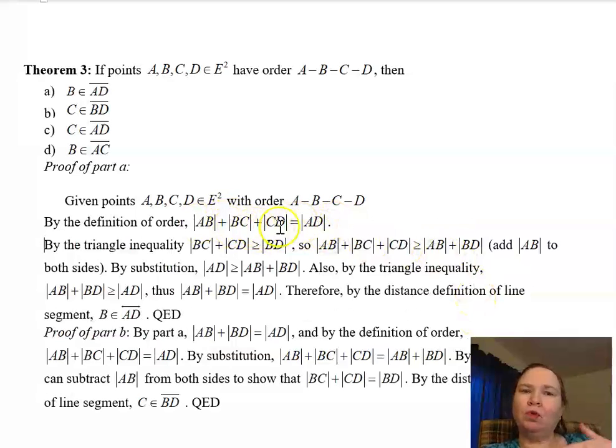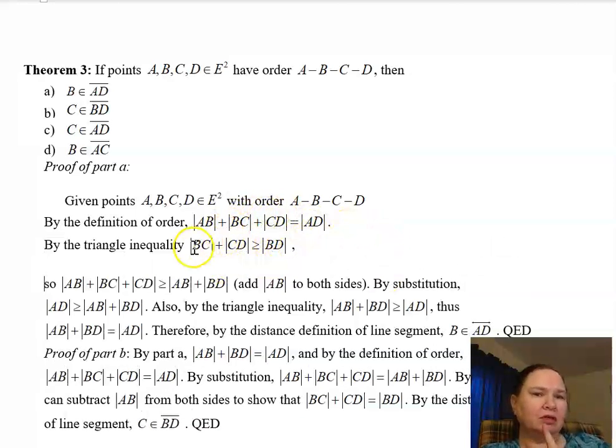Now, what I want to get is that B is on AD. So I want to have an equation that has AB and BD and AD, and I don't want to have C in this equation. So I somehow have to get rid of the C. What I end up doing is using this inequality about BC and CD that's just the triangle inequality.